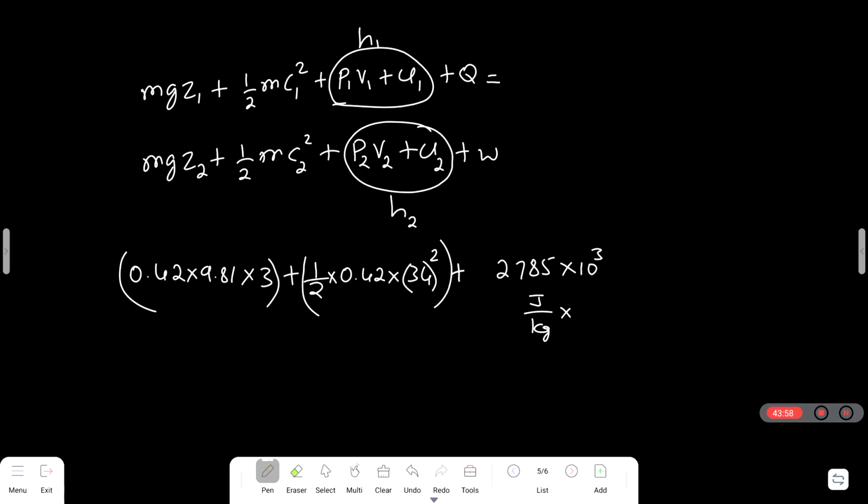We need to multiply the enthalpy with the mass. So this is 0.42 kg per second times joule per kg, which gives joule per second. So watt. Everything is in watt.